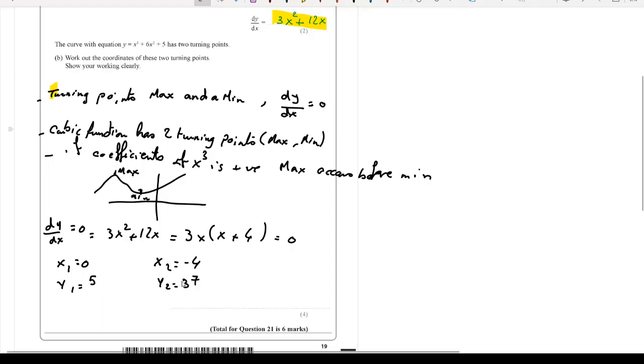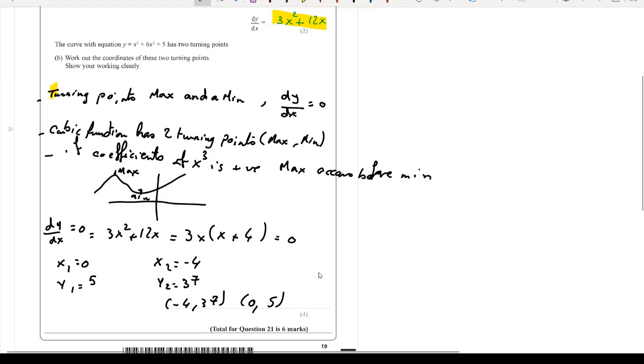Now this is the answer. We have the maximum at (-4, 37) and the minimum at (0, 5). Why the maximum at (-4, 37)? Because this is the point before (0, 5). We said that the maximum will occur before the minimum because the curve has a positive coefficient for the x cubed.